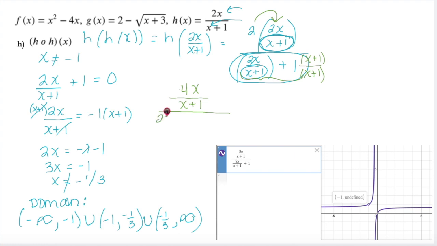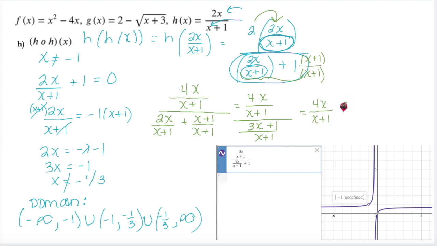I will have 2x over x plus 1 plus x plus 1 over x plus 1. I now have 4x over x plus 1 over 3x plus 1 over x plus 1. I can rewrite this as 4x over x plus 1 divided by 3x plus 1 over x plus 1. I know that when I divide, it's the same as reversing and multiplying.